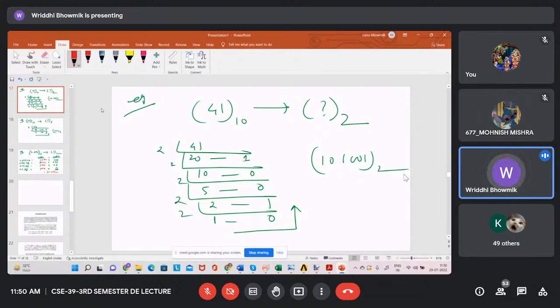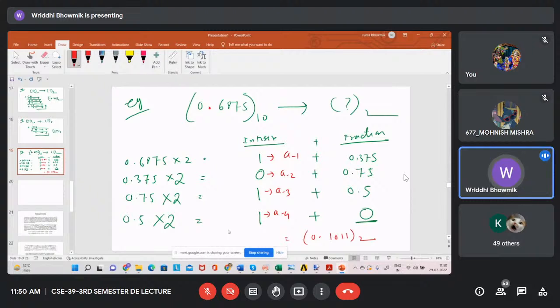When it is in the decimal number system and you convert it to the binary, you will do the division only. But here the problem is a little bit different. Here you can observe it is the fraction only, and it is in the decimal, and you have to convert it to the binary system. Now, instead of doing the division, I will do the multiplication, and I will do it with this base 2, because I am converting this decimal number into the binary, and in the binary system the base is 2.